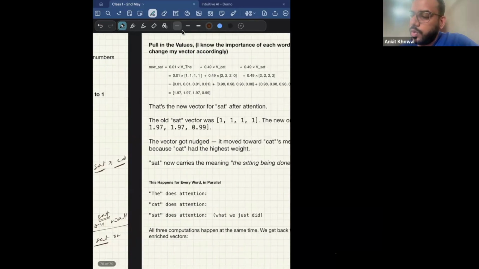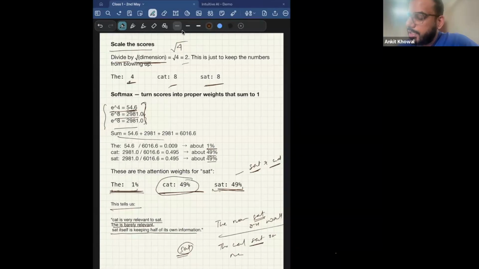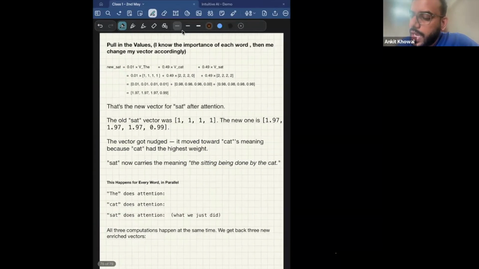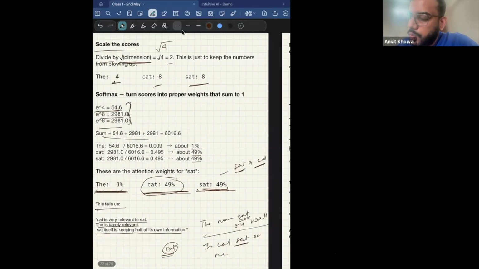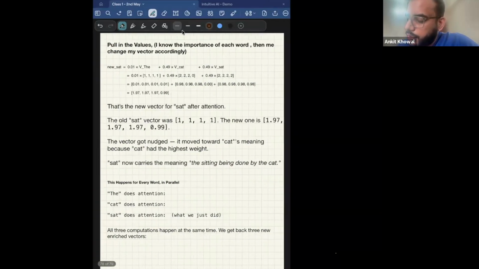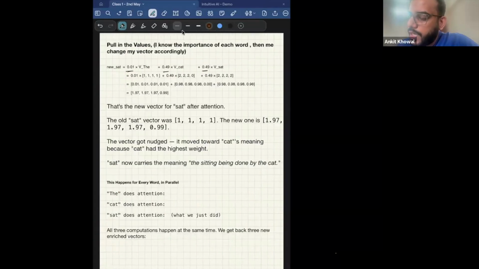Now I know that "the" is impacting me 1%, cat is impacting me by 49%, SAT is by 49%. So I will take these values: 0.01, 0.49 for cat, and 0.49 for SAT as well.